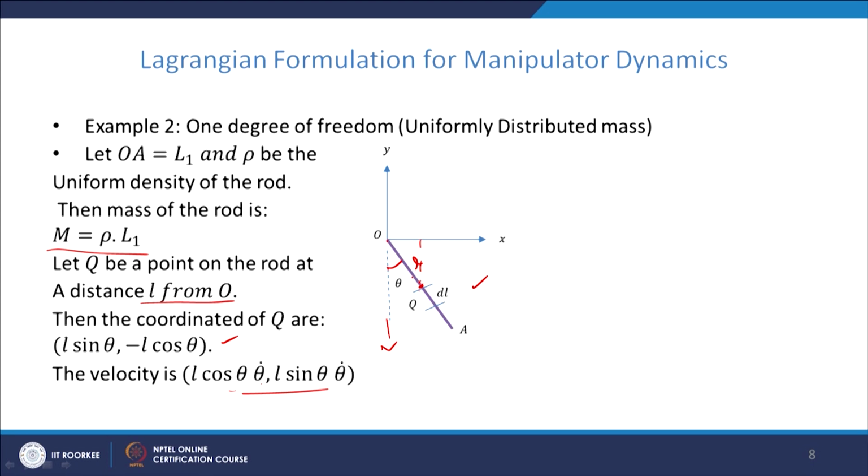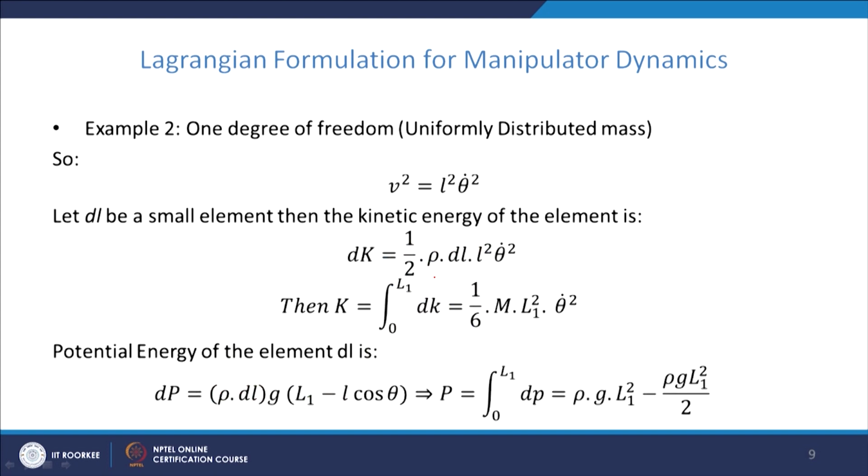Now, if you take a small element of length dl on this pendulum, at that point Q the modulus of the velocity vector square is small l square theta dot square. The kinetic energy of that particular element of length dl is denoted by dk.